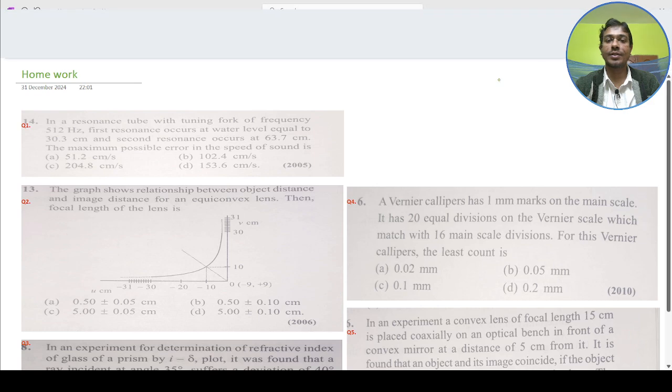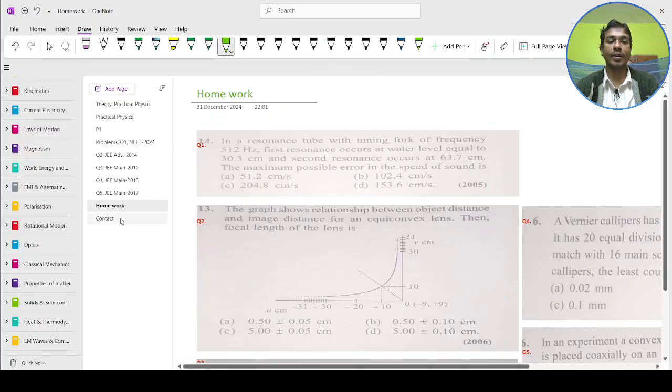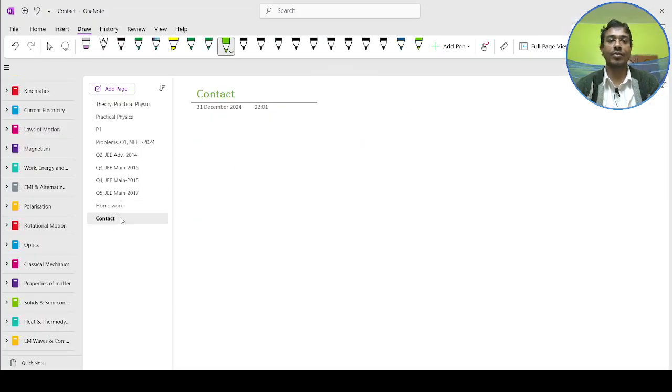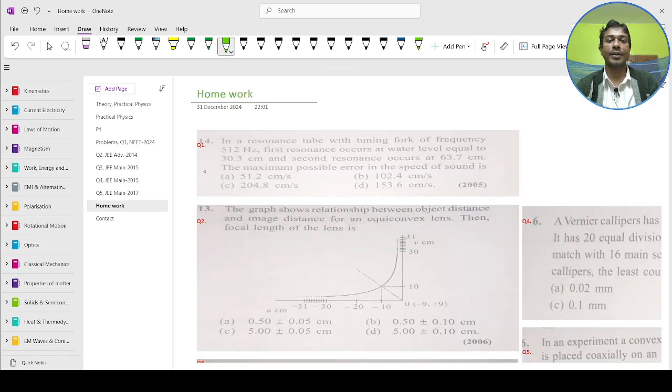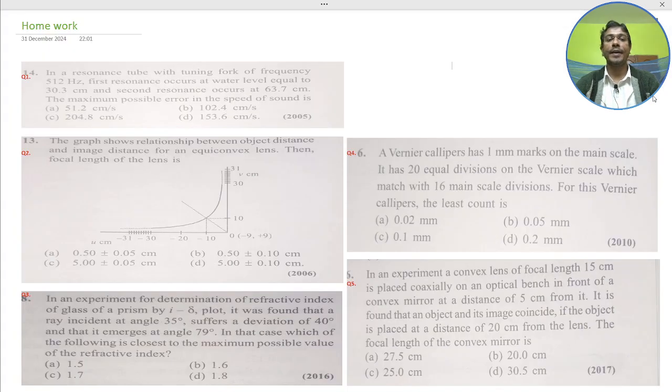So we have now covered the 10 important problems coming in NEET, JEE Main and Advanced with practical physics. This would be our last lecture, lecture number 18, and after that we will discuss the previous year questions coming in NEET, JEE Main and Advanced.